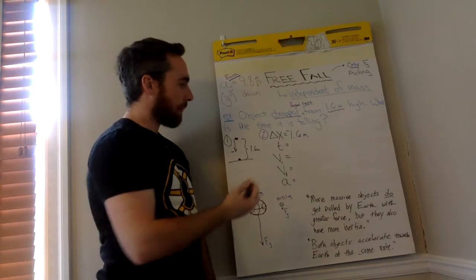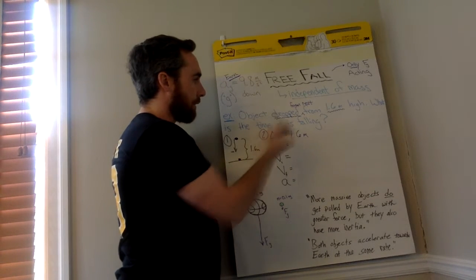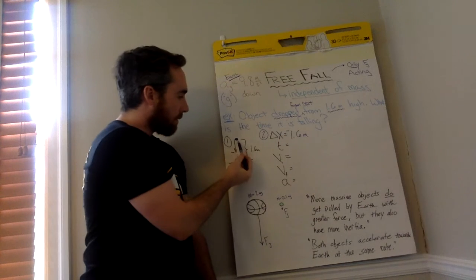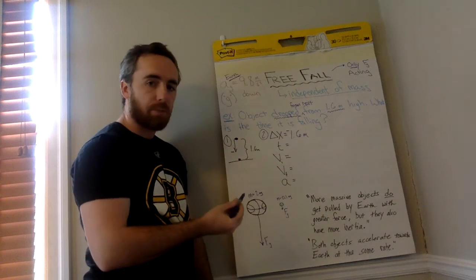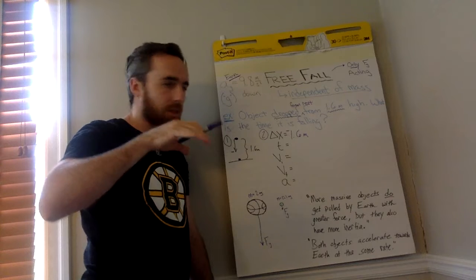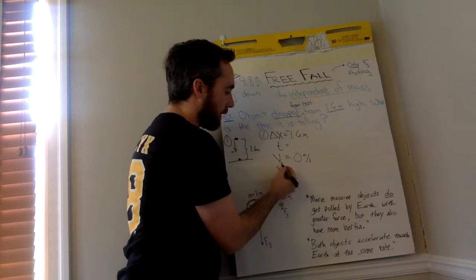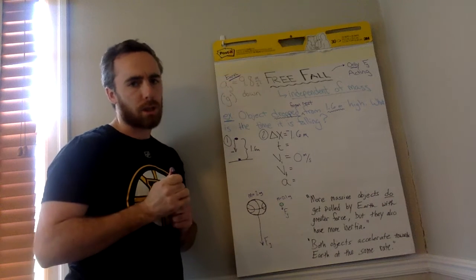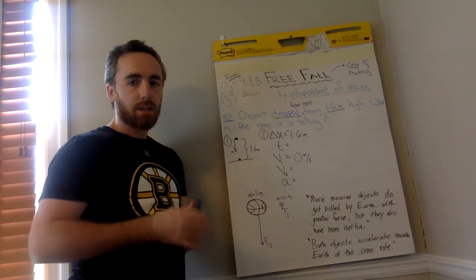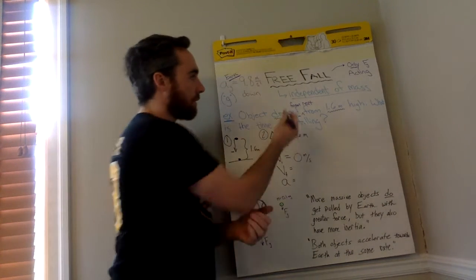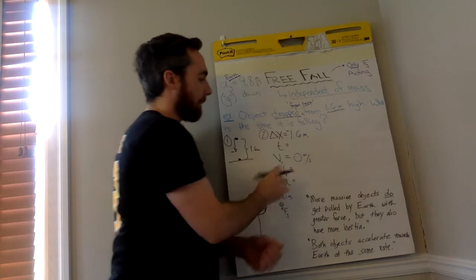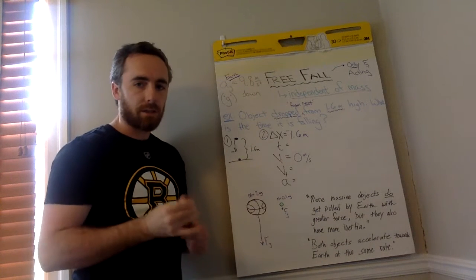If it's dropped, that means the starting speed is just 0. It's not moving to start, and then you let go. So this will be 0 meters per second, the initial velocity. That's going to be 0 a lot of times. Not every time, but a lot. Anytime you see the words from rest, that means the initial speed or initial velocity is 0.